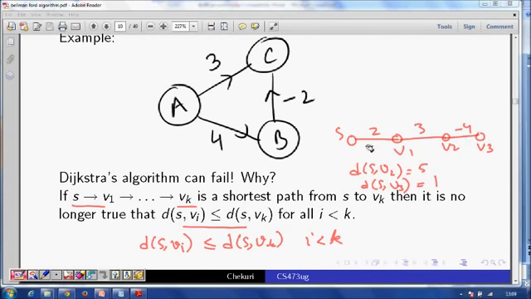So this is in fact nearer than V2. That's why Dijkstra's algorithm fails here, because it assumes your path length will always increase as you go farther along the shortest path route.